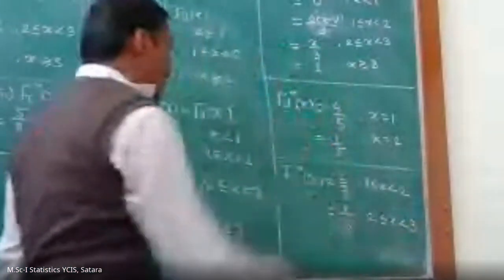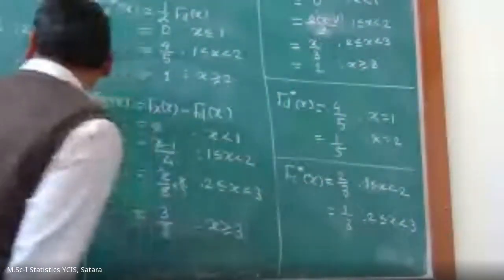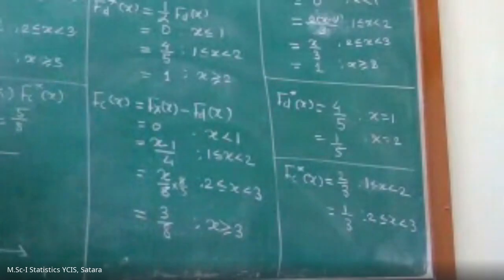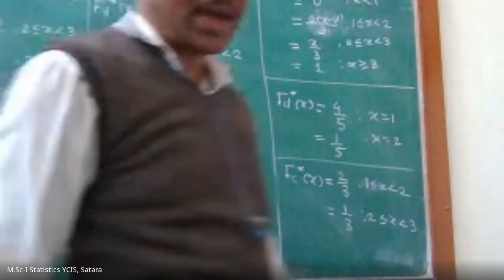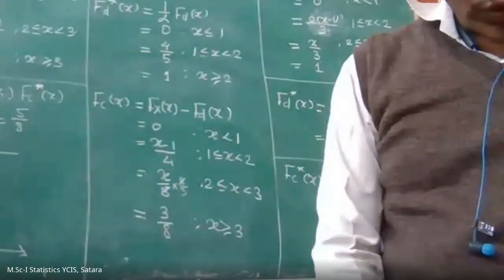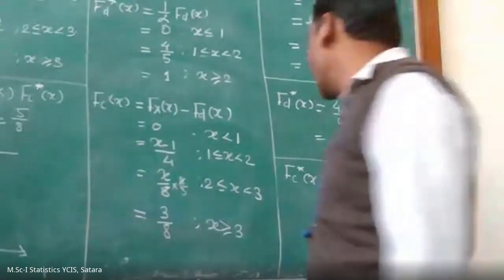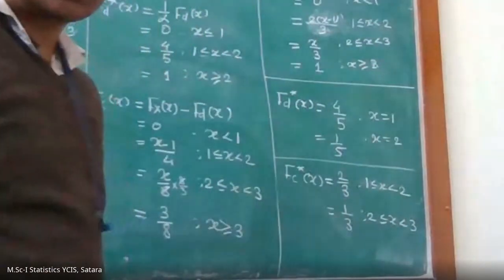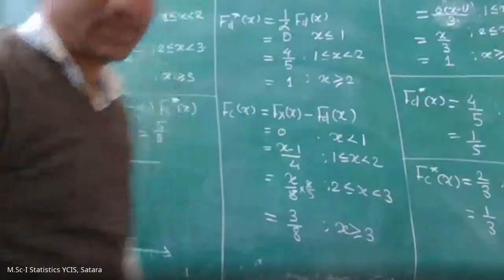Therefore fd star of x and fc star of x, then we have to obtain the value of fx of x is equal to alpha into fd star of x plus 1 minus alpha into fc star of x okay, so you can find the value of mean and variance, that is expected value of x and variance of x.